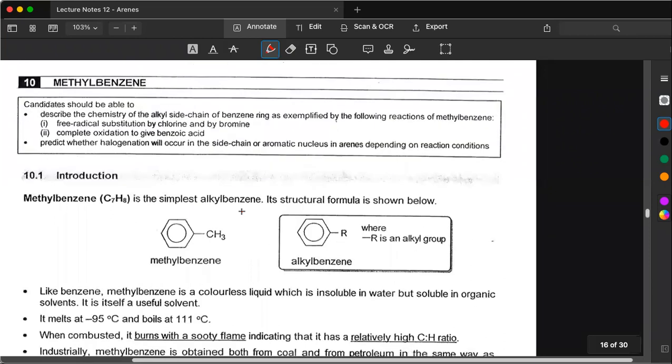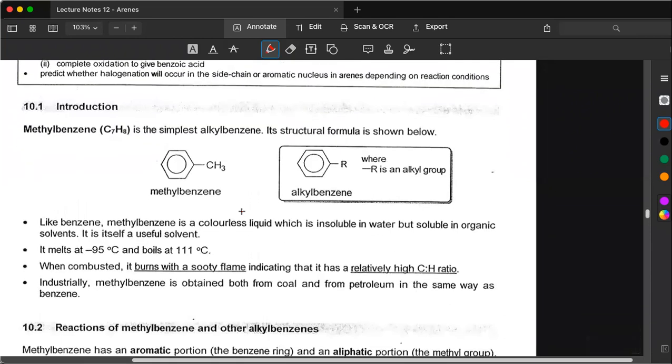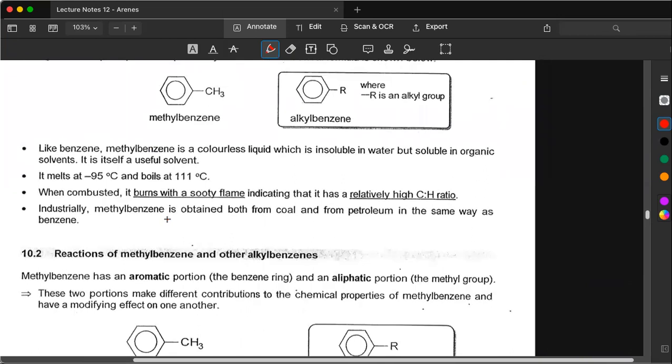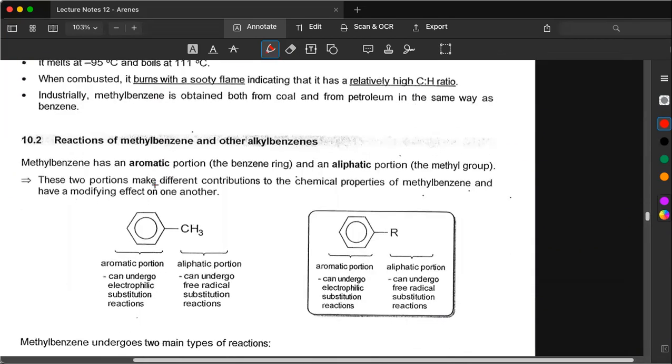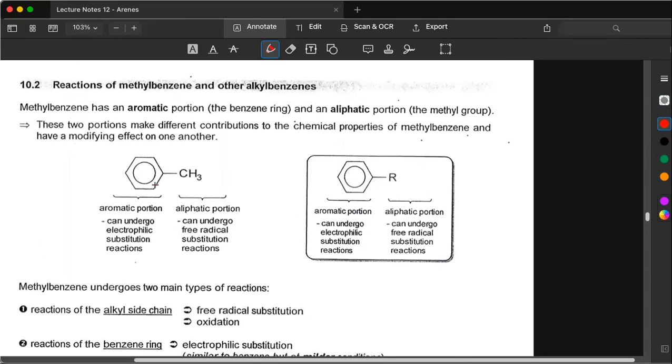Going on to methyl benzene, this will be the next half of the lecture. Methyl benzene is the simplest alkyl benzene with the structural formula. Methyl benzene is colorless, not soluble in water, but soluble in organic solvent. And it burns with a sooty flame with a relatively high C:H ratio. Now, methyl benzene has an aromatic portion and an aliphatic portion.